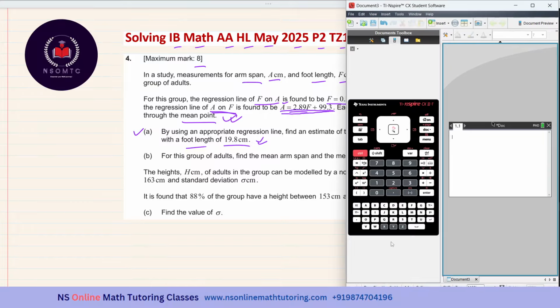So we have to use the calculator. 2.89 times 19.8 plus 99.3. Enter. 156.522. So correct to 3 significant figures, the arm span will be equal to 157 centimeters. Okay.